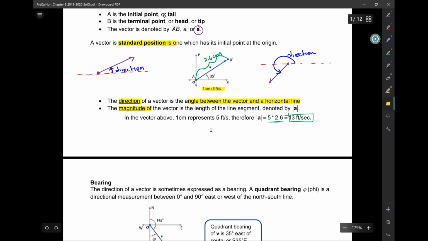All right, a little bit more about notation. How do we denote magnitude? It's A in absolute value bars. So I say this is vector A, and then the magnitude of A is equal to 13 feet per second. So this is magnitude.